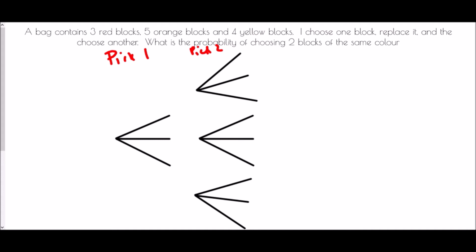They're just our two different situations. But then, for the first one, I could choose red, or orange, or yellow. And then, I could choose red, orange, or yellow on each branch. And so the probabilities then just come from the bag as it started. So in the first situation, there were 3 red, 5 orange, and 4 yellow. So that is 12 blocks in total.